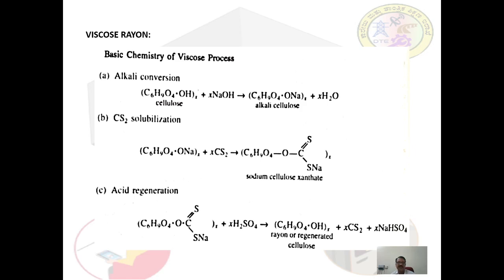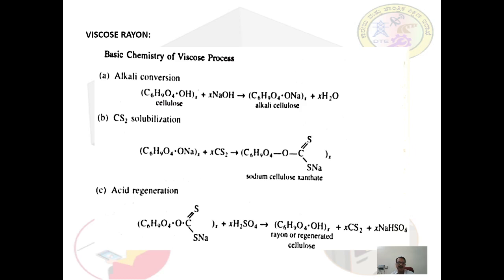The basic chemistry of the viscose process: the reactions take place in 3 steps: alkali conversion, carbon disulfide stabilization, and acid regeneration. When cellulose is treated with alkalis such as sodium hydroxide, alkali cellulose is obtained.